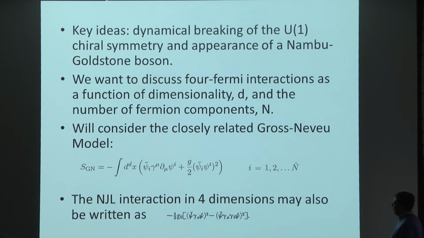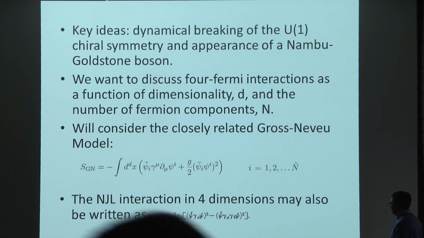In the NJL paper, they had this non-renormalizable quartic interaction, which they treated with some explicit cutoff. But in 2 dimensions, you can do a better job. However, we will primarily be interested in going above 2 dimensions, and then you have to play a certain game, which I'll describe.